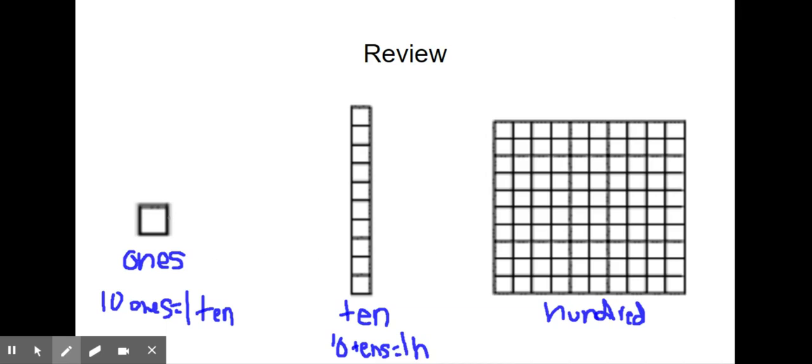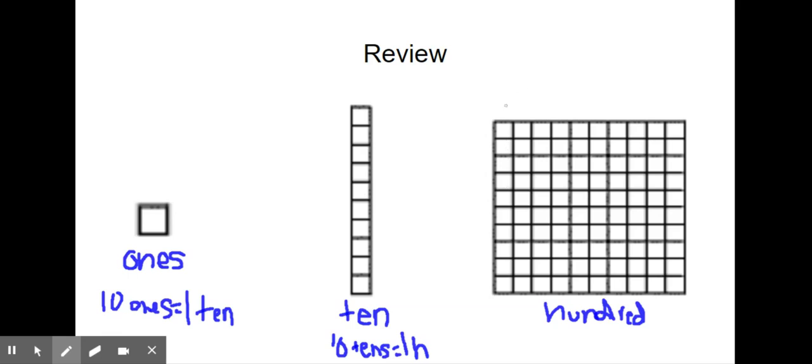So now I want to think. I'm looking at my ones. I'm looking at my 100. I'm trying to remember how many ones are in 100. How many ones are in 100? And I know there are 10 ones in 10, 10 tens in 100. I don't want to count each of these little squares, each of these ones. That's not very efficient.